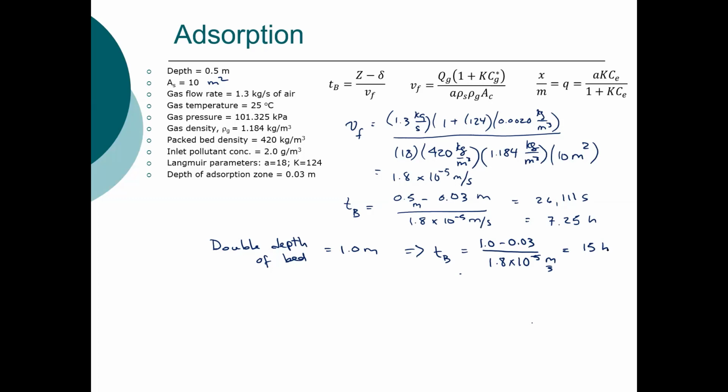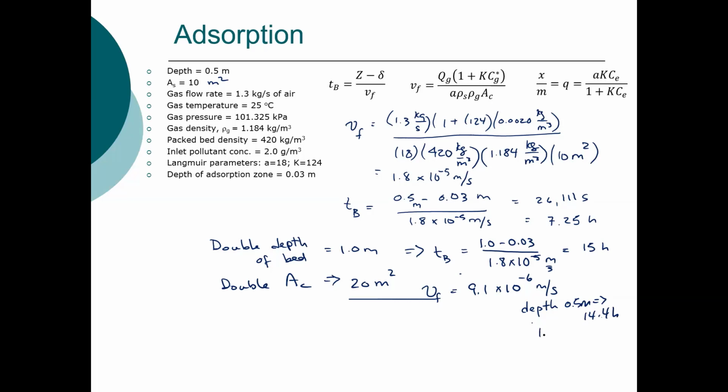and regenerate. We could also double the cross-sectional area and make that 20 meters squared. So if that's the case, then the velocity of the adsorption front becomes 9.1 times 10 to the minus 6 meters per second, which means for a depth of 0.5 meters, we would have a breakthrough time of roughly 14.4 hours.